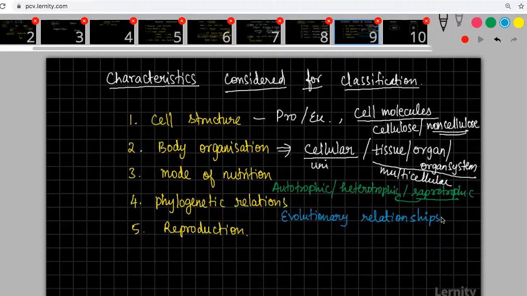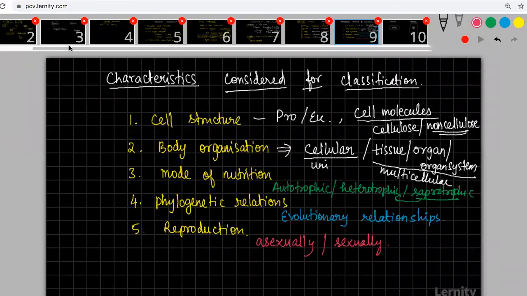Like that, he was trying to see the evolutionary relationship between 2-3 organisms. So this is one more criterion that he was trying to use. And the last criterion he was using was reproduction, whether some organisms were reproducing asexually and some organisms were reproducing sexually. He was also able to classify them with the help of the mode of reproduction.